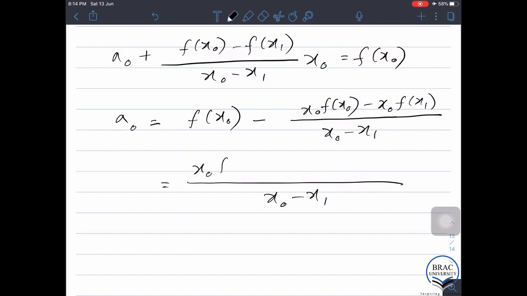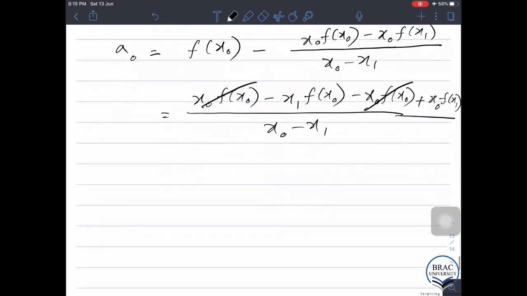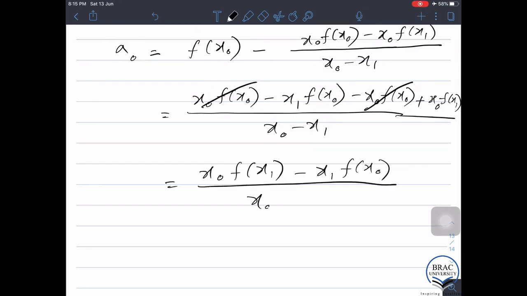So x0 times f of x0 minus x1 times f of x0 minus x0 f of x0 and plus x0 f of x1. So two of them cancel. Which two? These two cancel. Okay, so what we are left with is just x0 f of x1 minus x1 f of x0 divided by x0 minus x1.